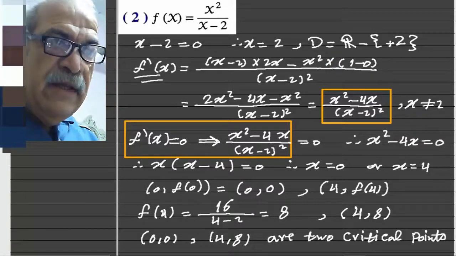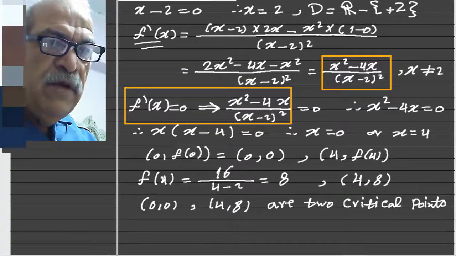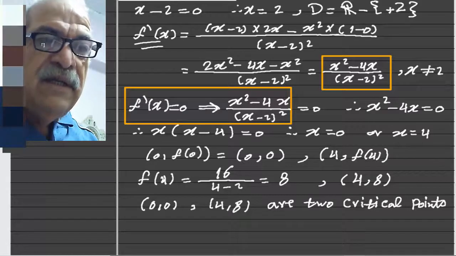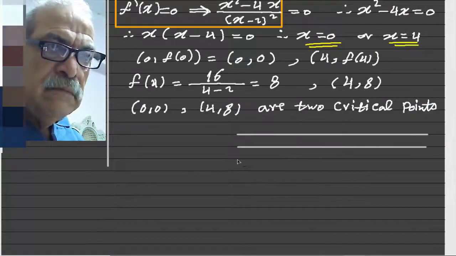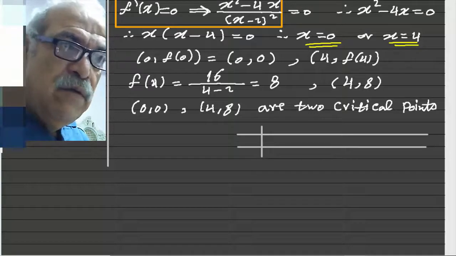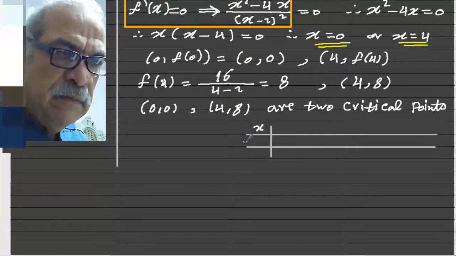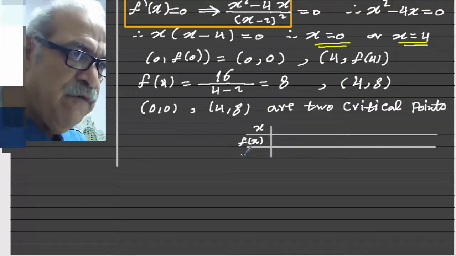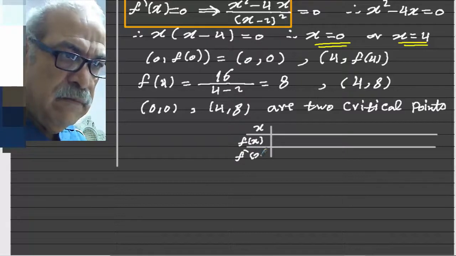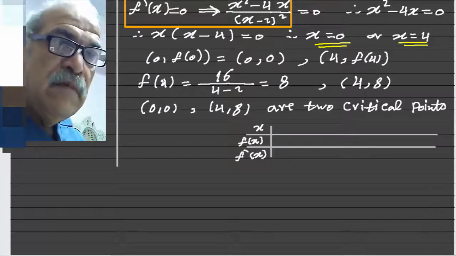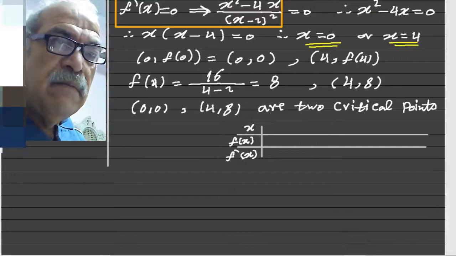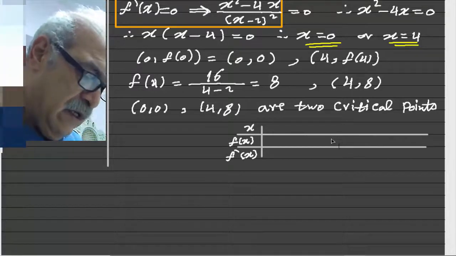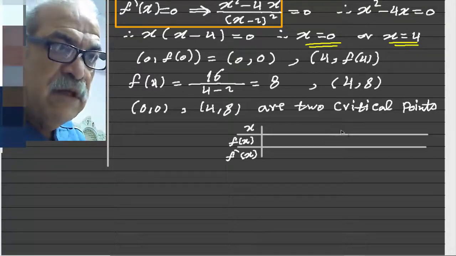Okay, and now we make this table to determine the increasing and decreasing intervals. And here we write x, f of x, f dash of x. And f dash is undefined when x equals 2, right?